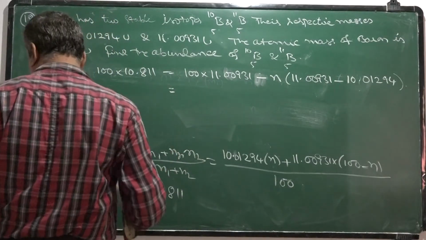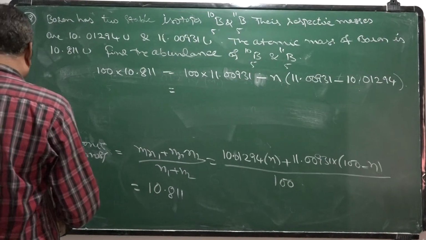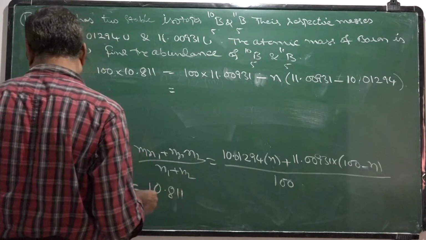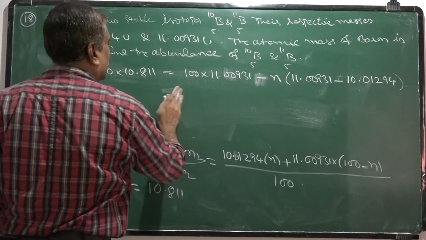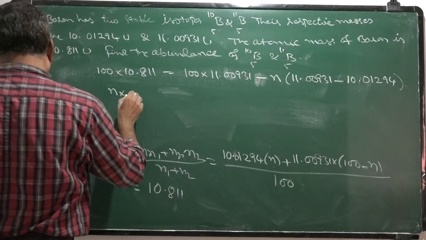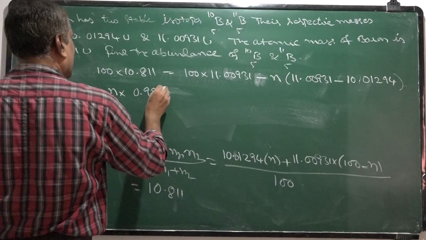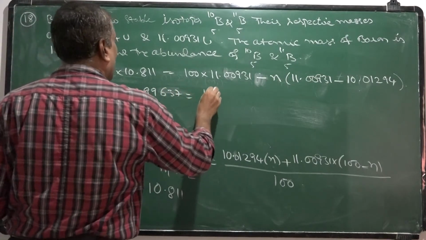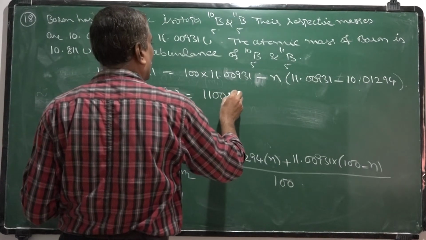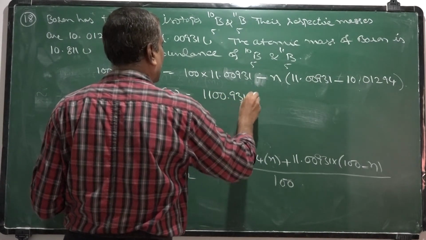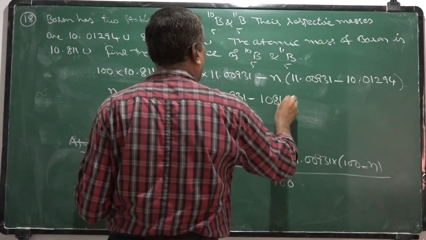And we calculate, we get, writing this one here and changing this one. So N into 0.99637 is equal to 1100.931 minus 1081.1.